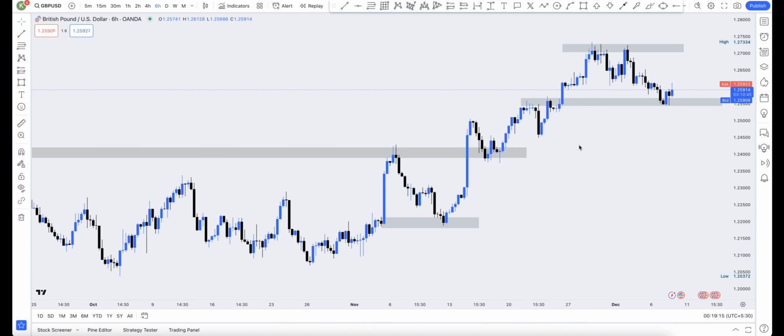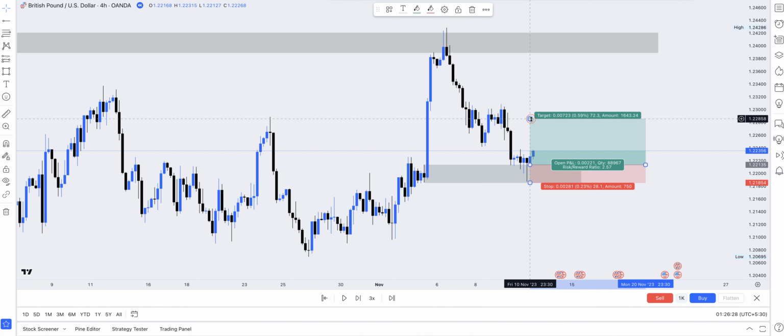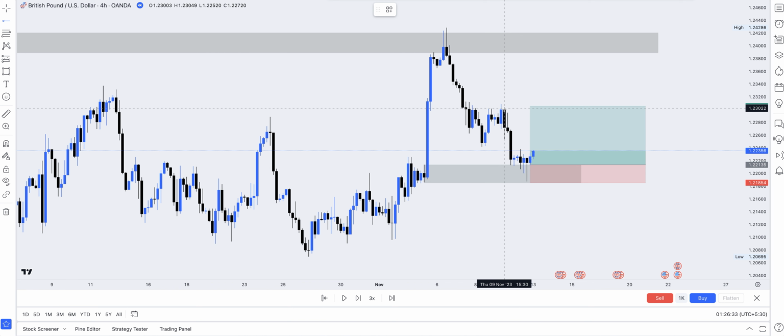Then my stop loss will be below the current low, which is this side. So this is where my stop loss will be, a little below the previous low, and my take profit will be at the nearest support or resistance. So my first take profit can be here, and from here I can take partial profit or move to break even.